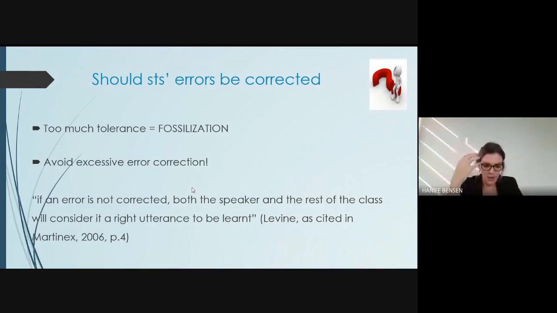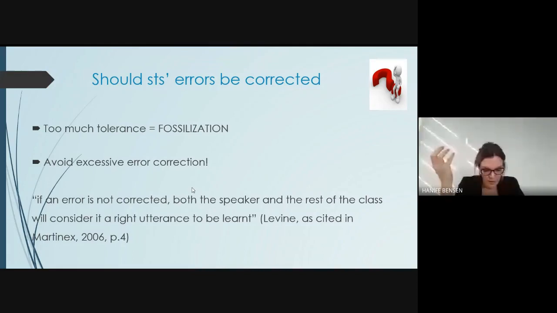So on the one hand, yes. On the other hand, too much tolerance towards learners' errors may lead to fossilization. So what do we mean by fossilization? If we do not correct these errors, they will become fossilized, and when they become adults, those errors will still persist.